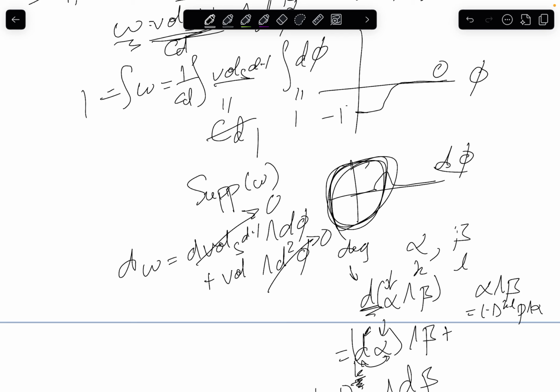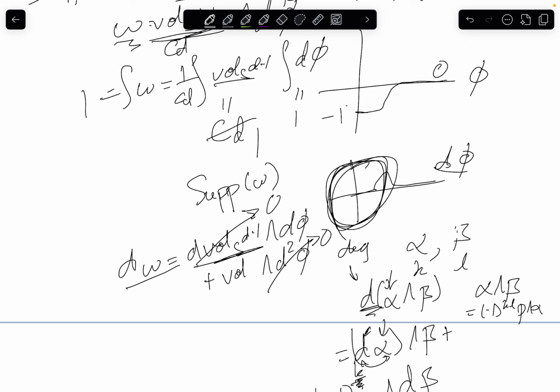Actually no, this is a dumb statement, right? Because this is a D form in R to the D, so it's going to be equal to 0.